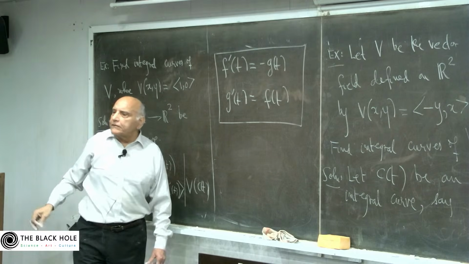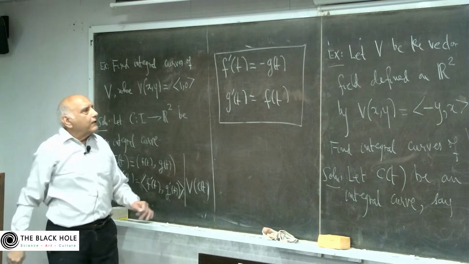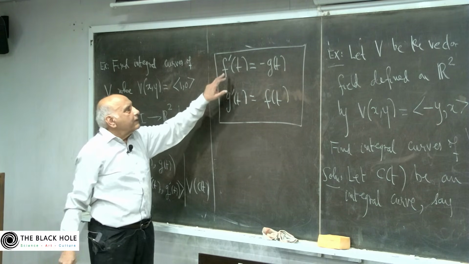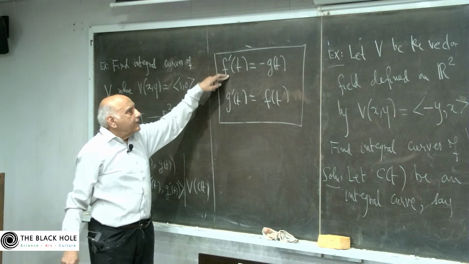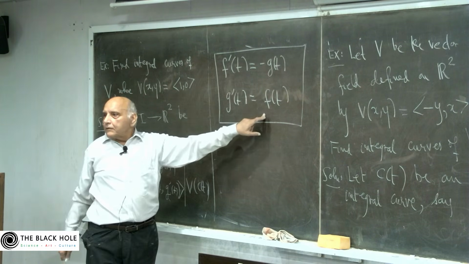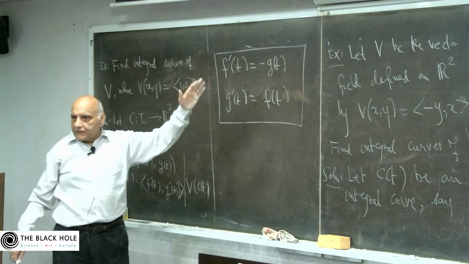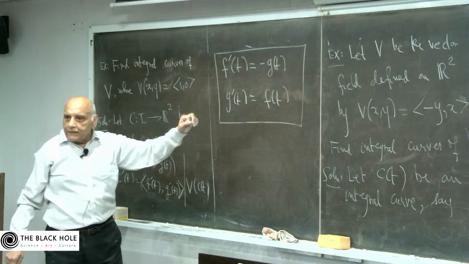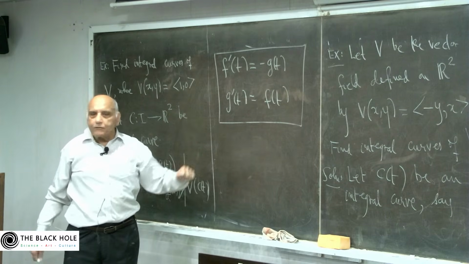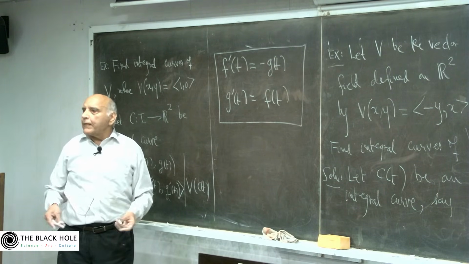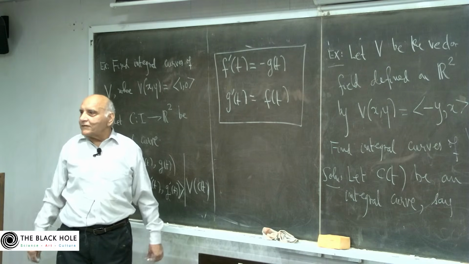So the standard way to solve this is, for example, from here you get f''(t) is equal to -f(t), right? So you get f''(t) plus f(t) is equal to 0.